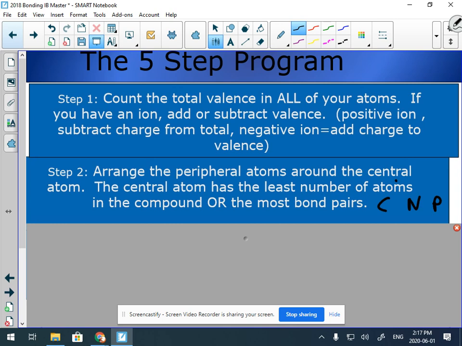You may have to draw the atom's Lewis diagram by itself. Like carbon has got 4 dots, 1, 2, 3, 4. So it's got 4 areas to bond, which means it can bond four different directions. Okay. So you need to set things up so that you have a center and then all the other atoms around the peripheral. It'll make more sense when we get to the example.